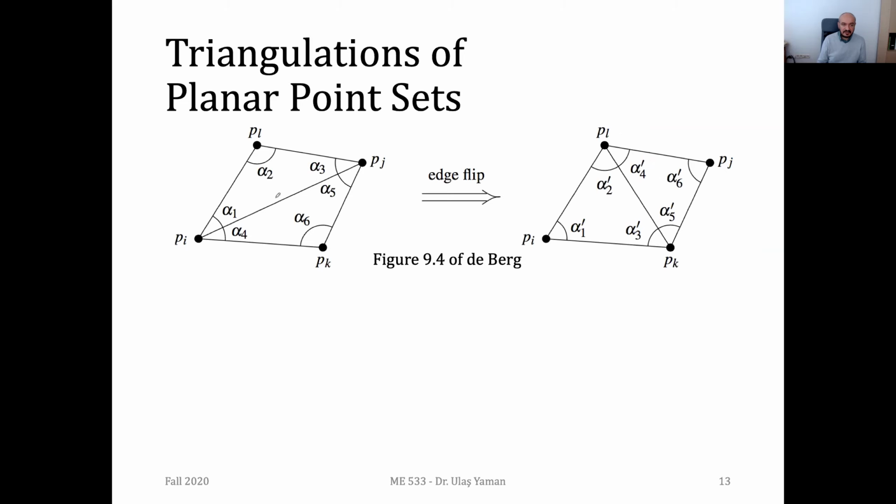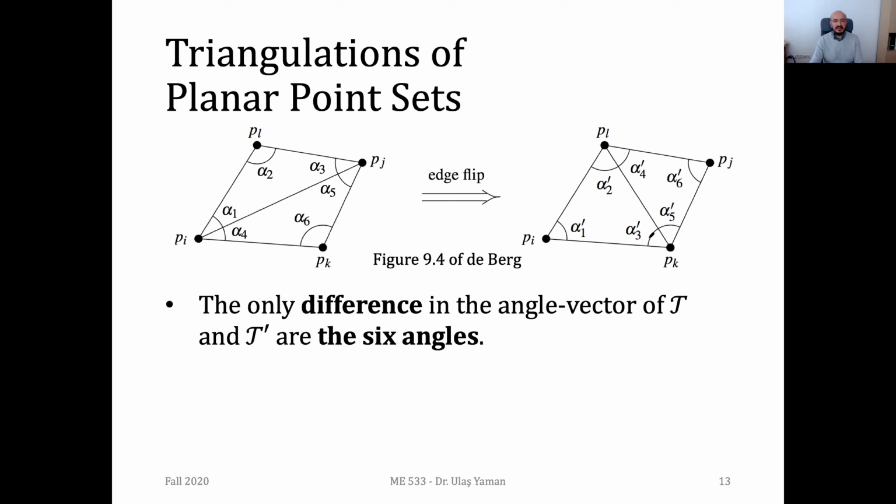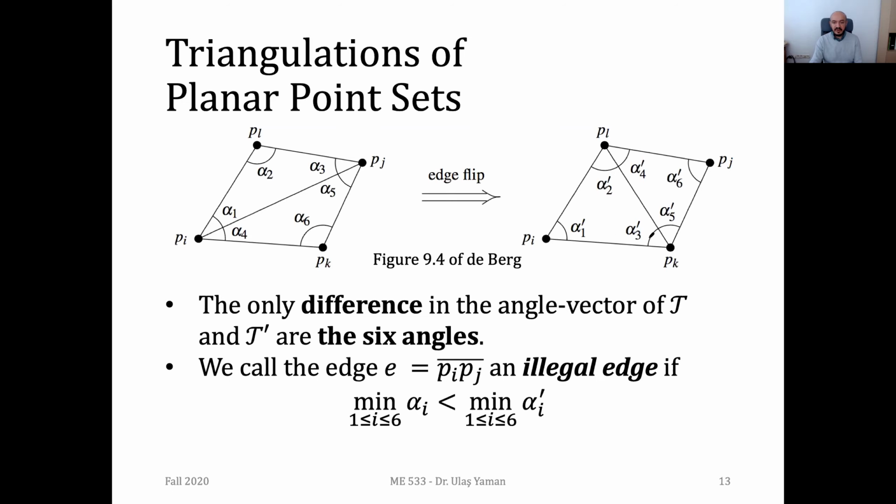Initially, we have an edge between I and J. Right now, we remove that edge, and instead, we have one between L and K. So by simply checking the angles, you can say that this one is an illegal edge since its minimum angle is smaller than in the other case.